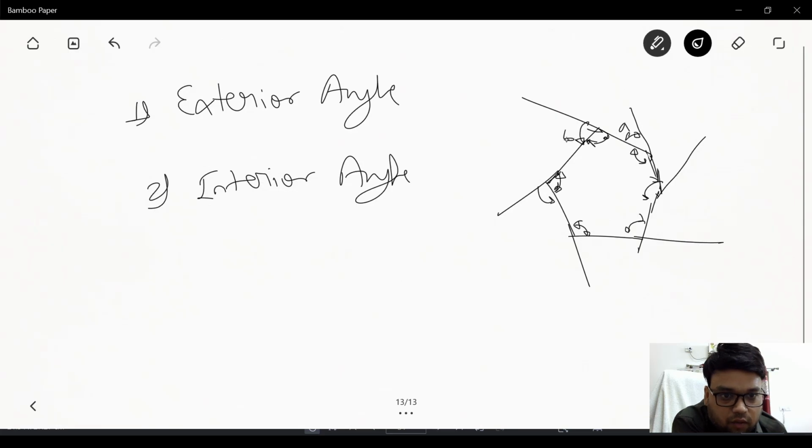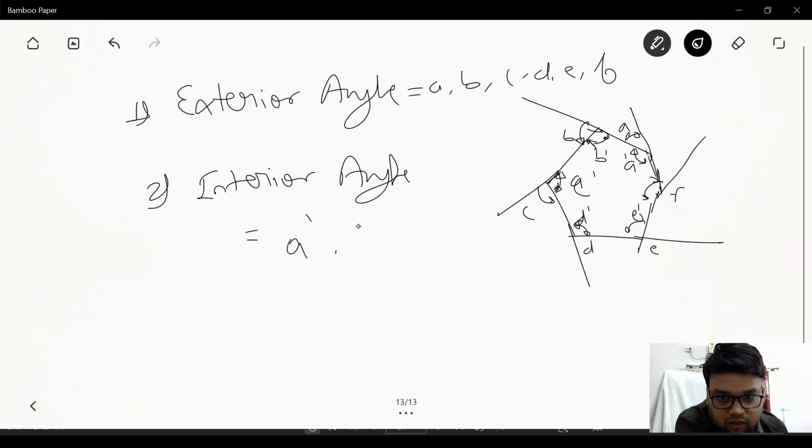Here angles A, B, C, D, E and F, and A dash, B dash, C dash, D dash, E dash. So here the exterior angles are A, B, C, D, E, F and the interior angles are A dash, B dash, C dash, D dash, E dash, etc.